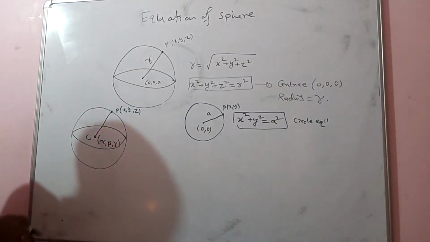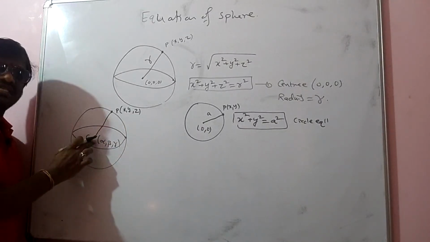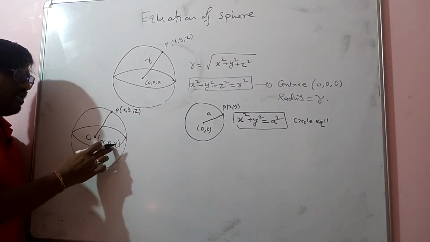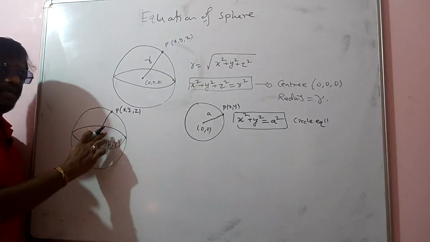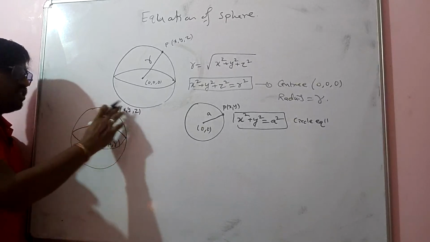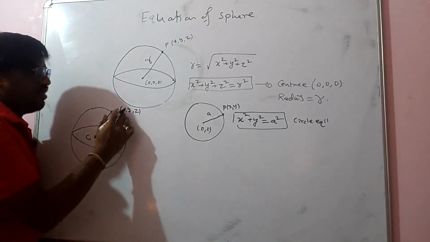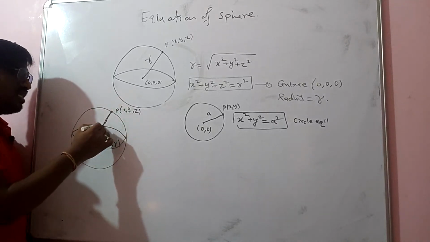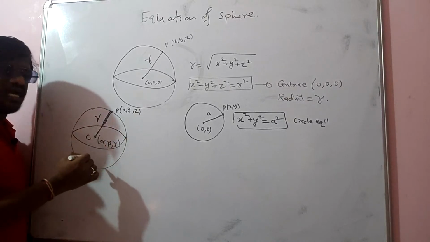Here C is alpha, beta, gamma, because this is the center, and P is x, y, z, any point. If I want to find the equation of the sphere, I use the distance formula. This is the radius, so let us take the radius r.